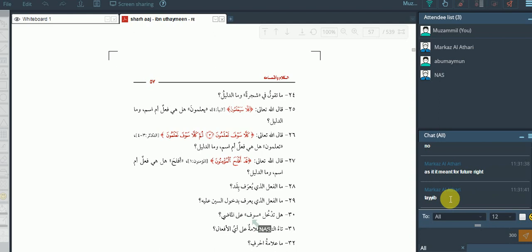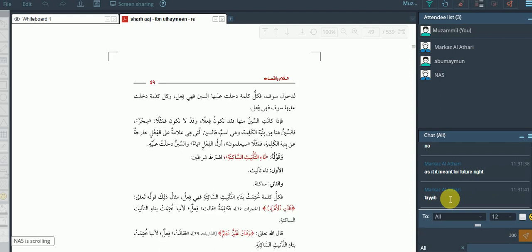And question 31: تاء التأنيث is a sign of which verbs? Which verb does تاء التأنيث show? No, that's the reason because of the future. The silent تاء التأنيث.